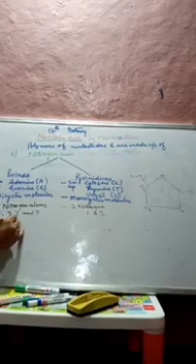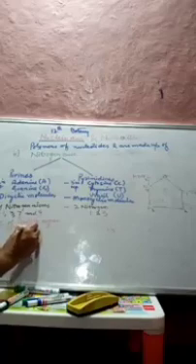We see these nitrogen atoms are found at the first carbon of the pentose sugar, like this, at this place.